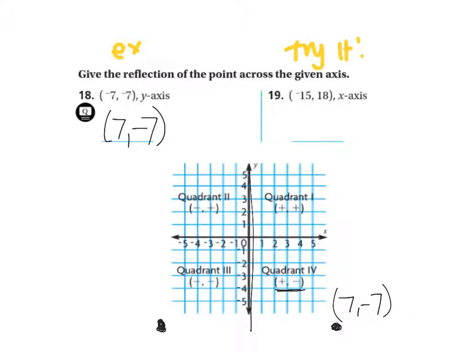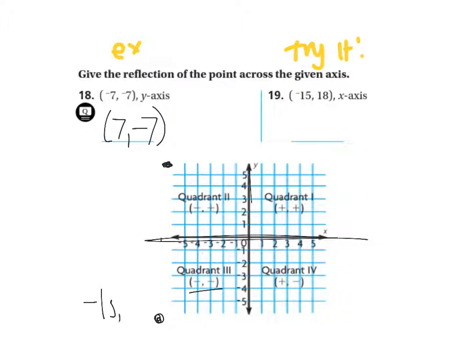Okay, so for number 19, I don't know why it has that random number on it. That's cool. So negative 15 would be somewhere over here, negative 15, negative 18, and they wanted us to reflect across the x-axis, so we'd come down here, and that would give me negative 15, negative 18.